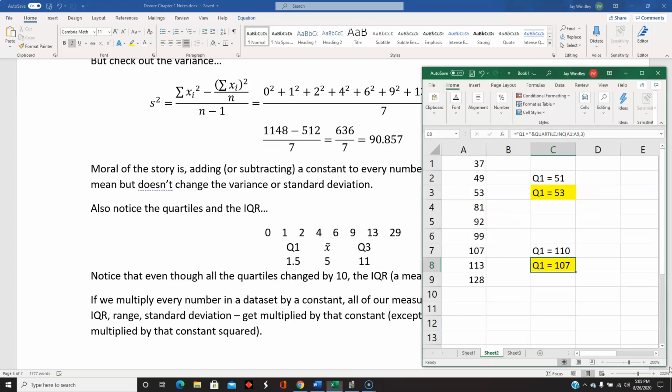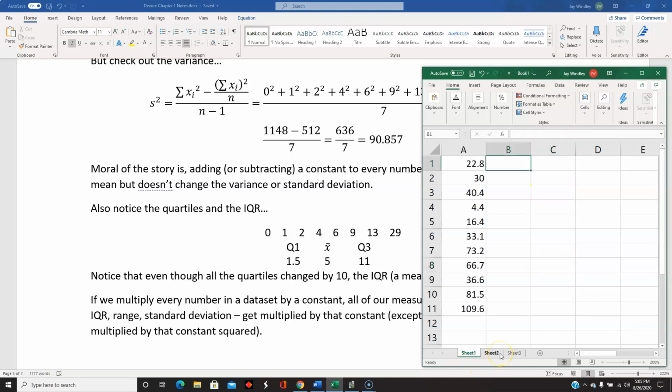So for example, I think I have these numbers in Excel somewhere. So here's these numbers in Excel. There's our standard deviation, and here is our variance of 79.5.